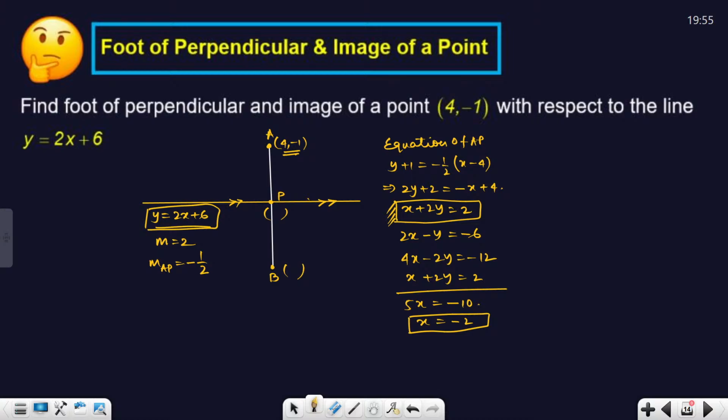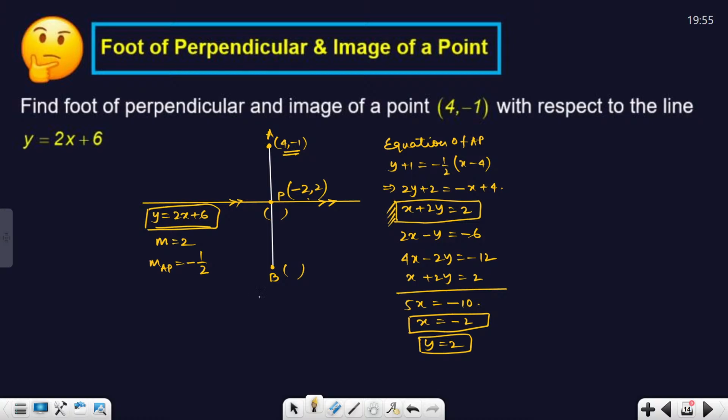Now, if x is minus 2, then y is coming to 2. Therefore, the coordinate of point P is nothing but (-2, 2). Is it clear? So this is how we find out the foot of the perpendicular.